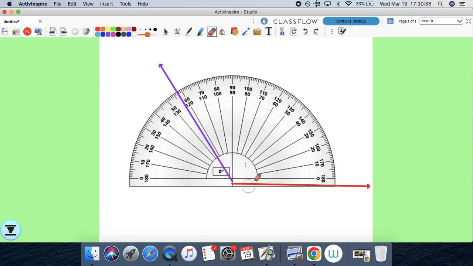Okay, so we talked about that today, and let me just show you. If I rotate and keep going and going, this will create a 180-degree angle right here. This measurement here is 180 degrees. Okay, so I hope that helps a little bit.